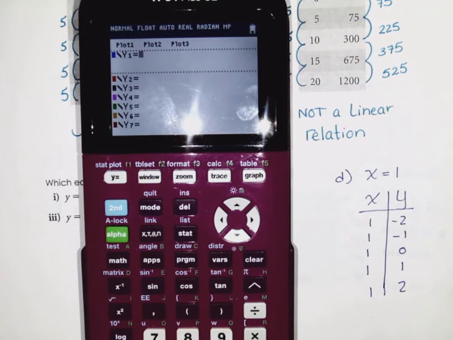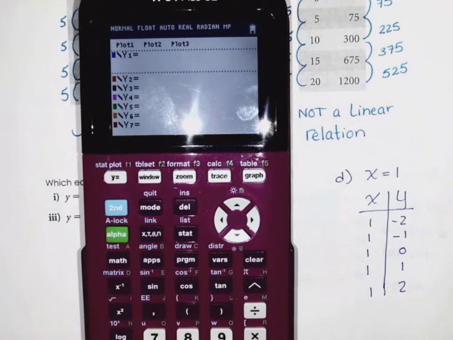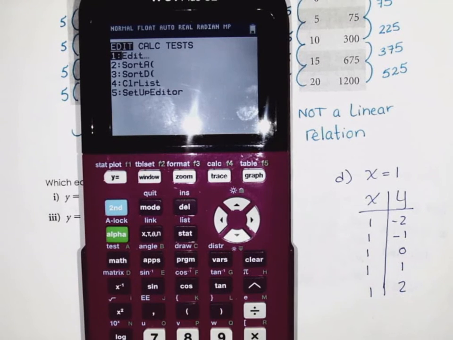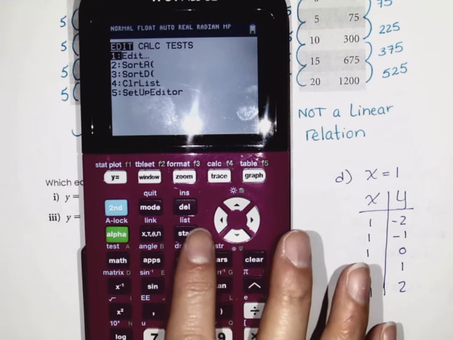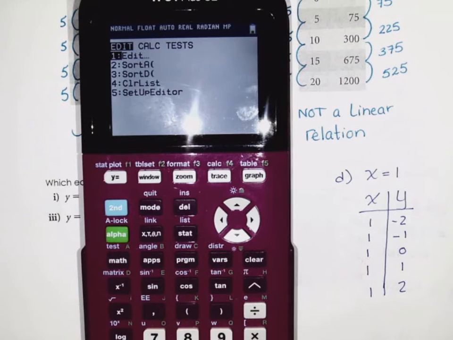So now, using a table of values, we can use our graphing calculator to graph this. We're going to have to clear out your y equals, if you have your y equals open, so clear it. Now we're going to go into our stat, which is to the left of the cursors, and then option 1.